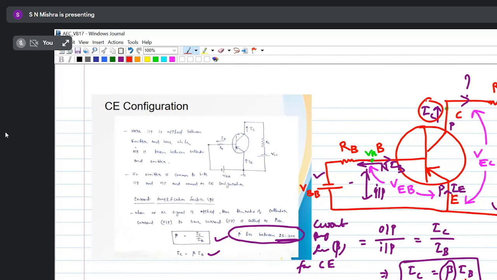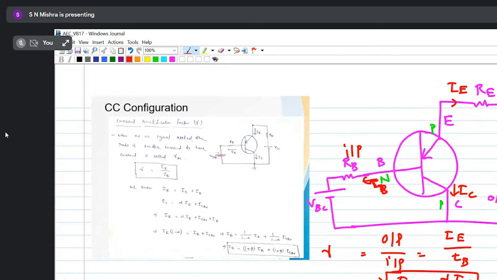Similarly here for gamma, this is my output and this is my input. So I have expressed output in terms of input. Now if you want to find output in terms of IB, that is also possible.